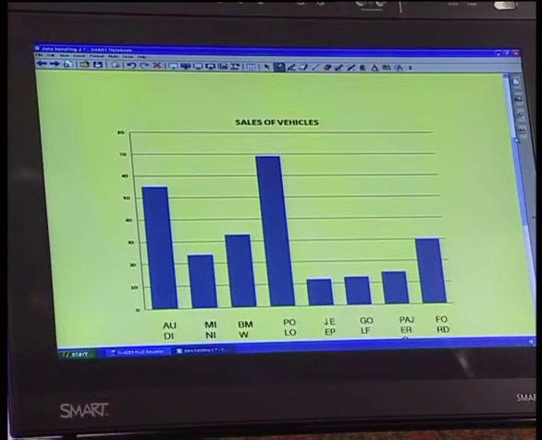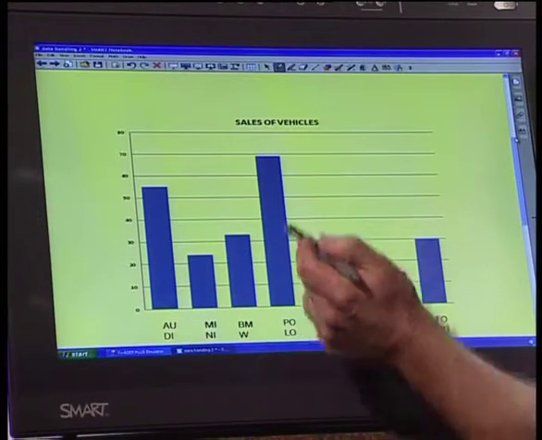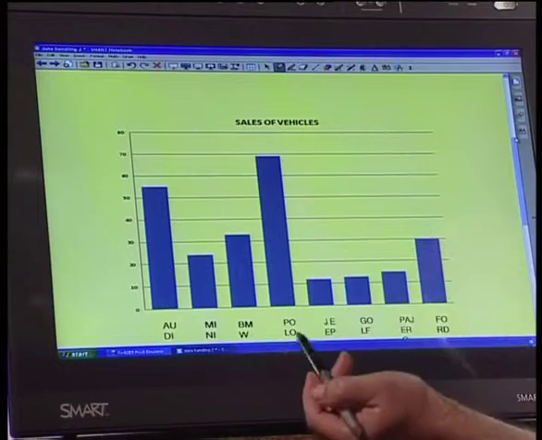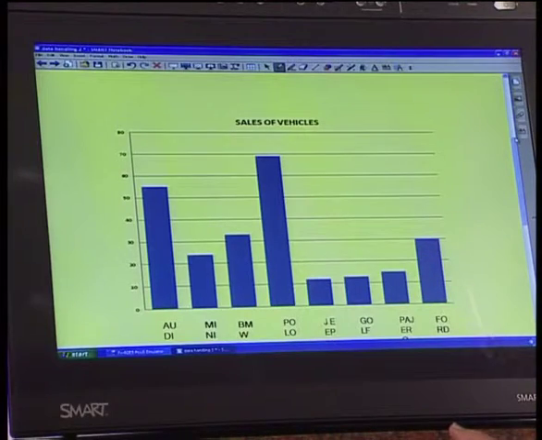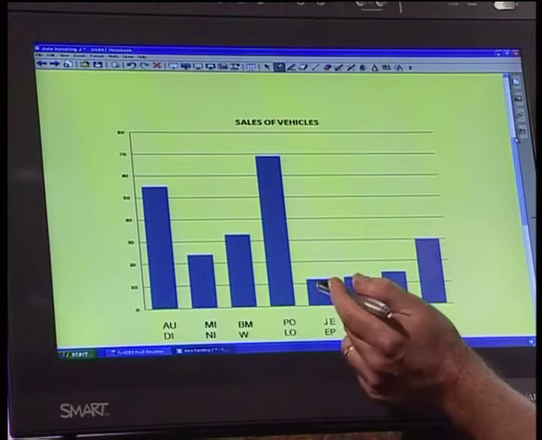One of the questions would obviously be, which vehicle sold the best during this period? Well, that's the one with the highest column. If we look, that's this one over here, which is the Polo. Again, we could ask, which vehicle was the least popular during this sale period? And here we would have to point to the Jeep.